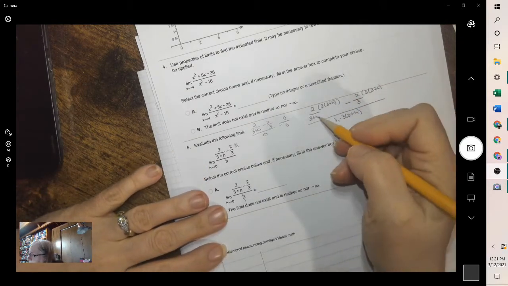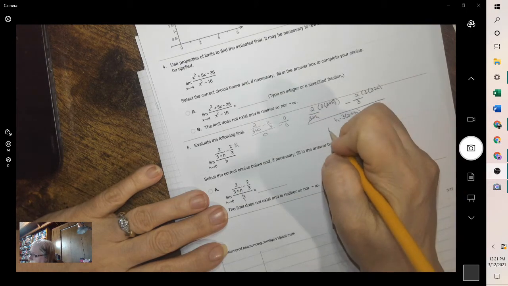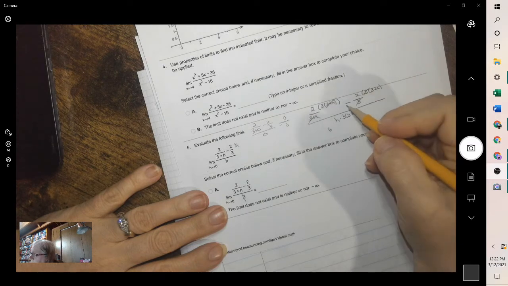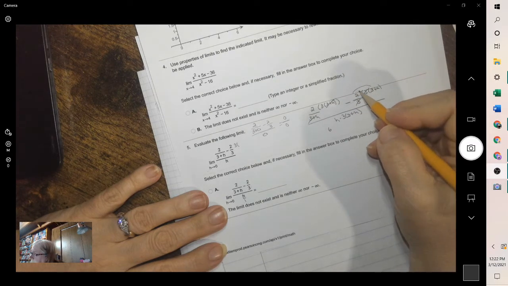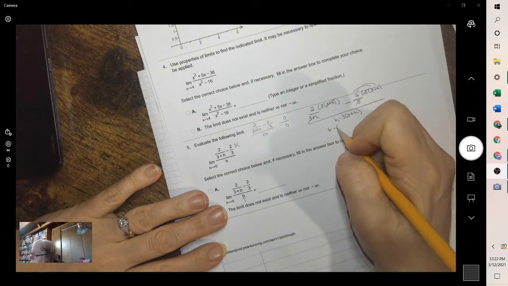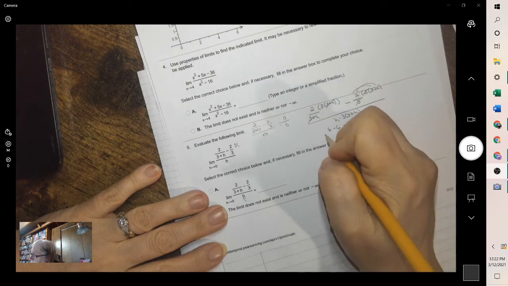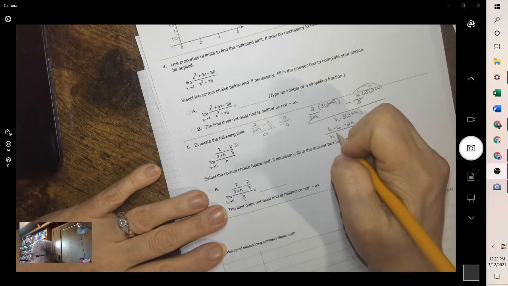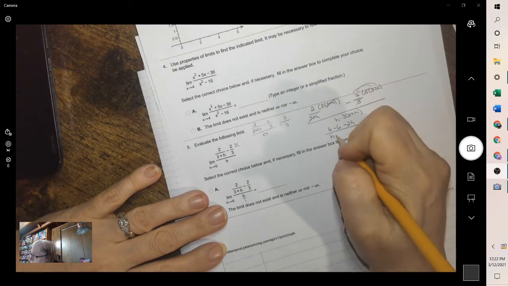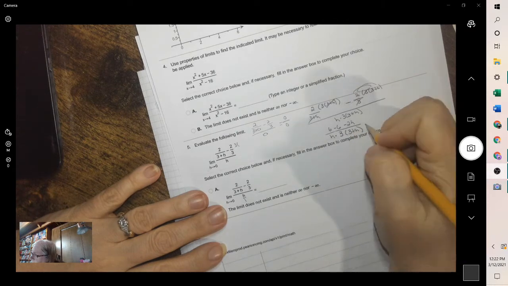So if we multiply this, this 3 plus h cancels with this one and leaves 2 times 3, which is 6. This 3 cancels with this one, and then I have a negative 2 that I'm going to distribute. Negative 2 times 3 is a negative 6. Negative 2 times h is a negative 2h all over h times 3 times 3 plus h.